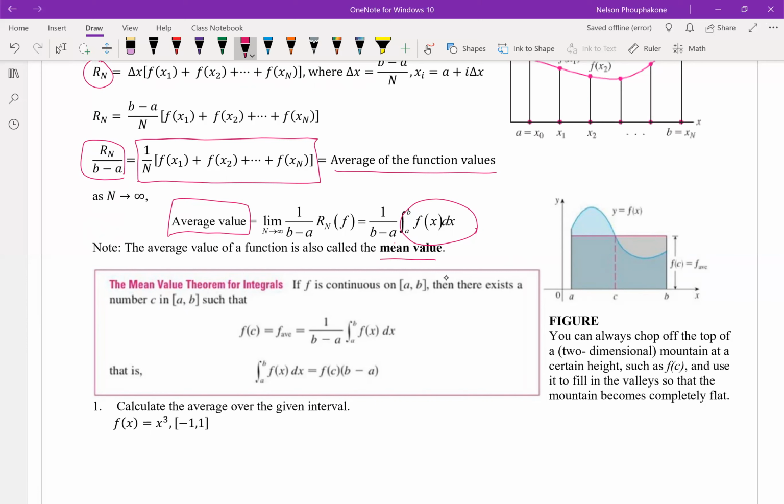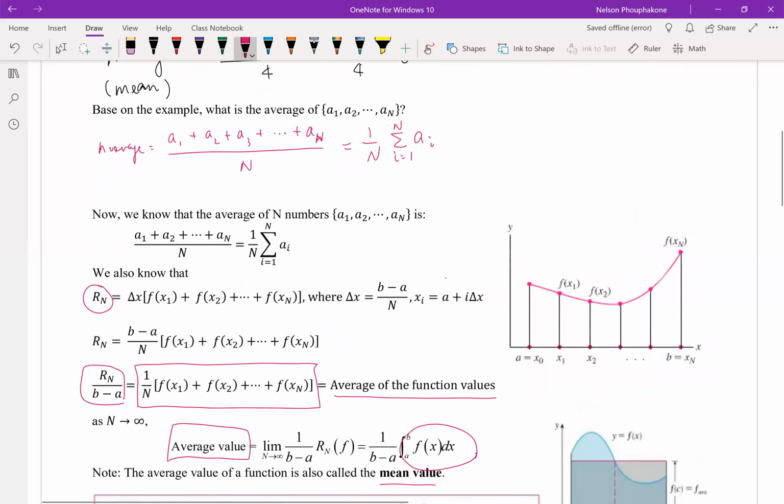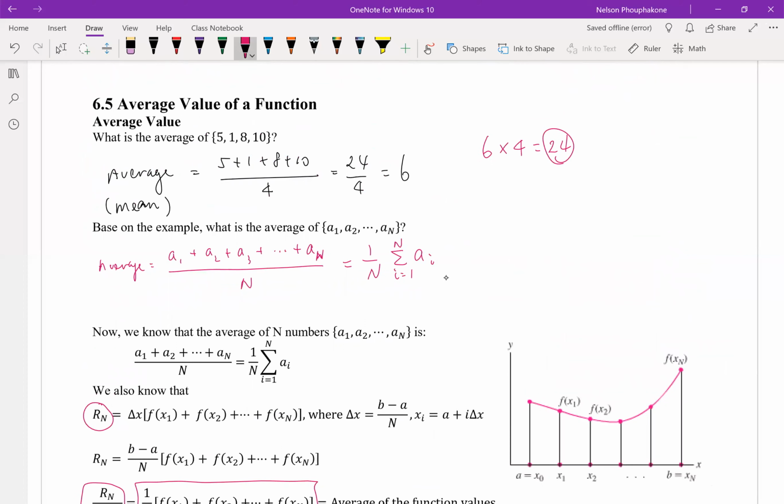So what is this f of c? Now remember, when we found the average, 6 right here, we multiplied by how many numbers we had, and we got the total, right?